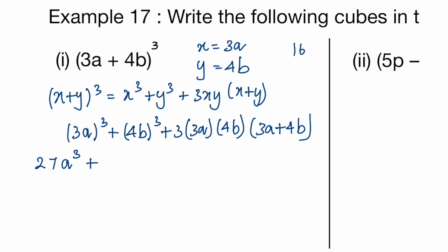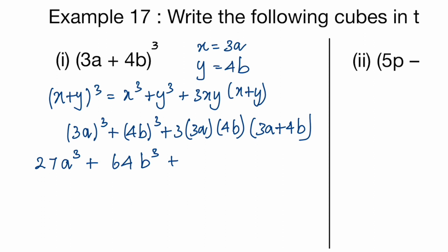So 64b cube. And for the next terms, let us first multiply the terms that are here and then we'll move on with (3a + 4b).